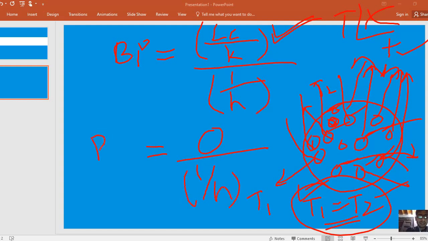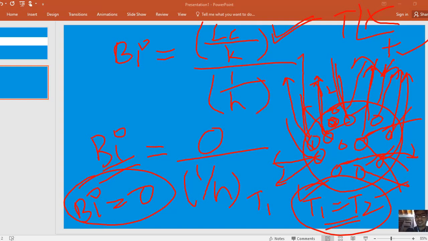So the Biot number for a lump system will be 0. But in general, in reality, the temperature at every point is not the same. There will be a small difference in temperature at different positions. At different positions, the temperature will be slightly different from each other.